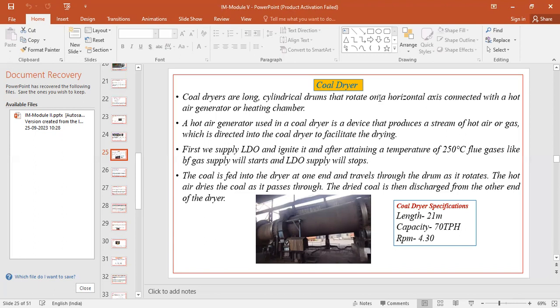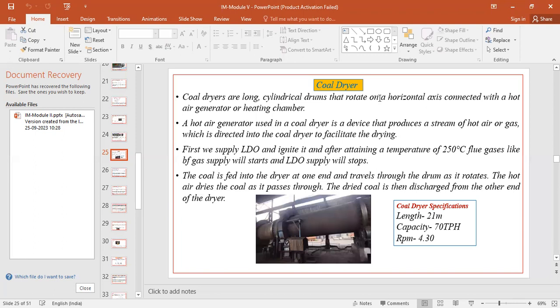We use light diesel oil to ignite, and after attaining a certain temperature, roughly around 250 degrees centigrade, flue gases like BF gas from the blast furnace will be supplied, and at that time the light diesel oil supply will be stopped.